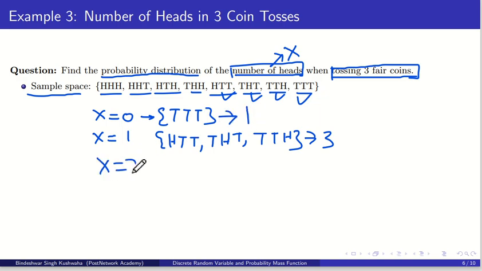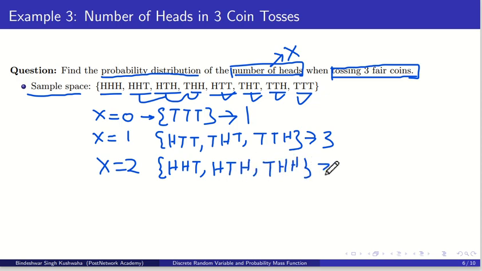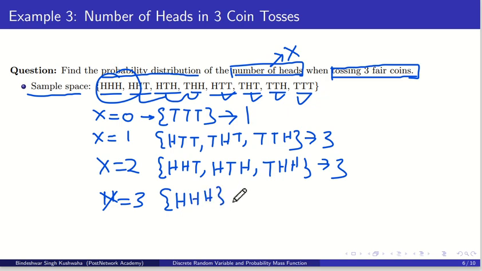For x equal to 2, again we will have 3: h, h, t, h, t, h and t, h, h. And for x equal to 3, that means all 3 are heads, so only one sample point: h, h, h, which is 1, only one sample point.